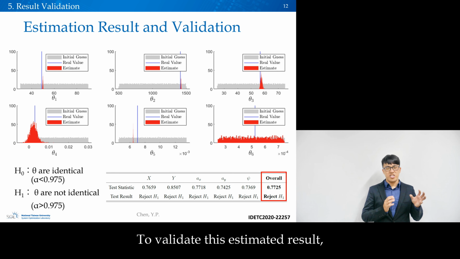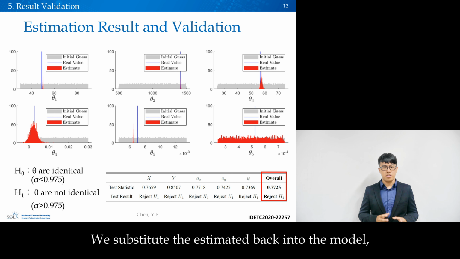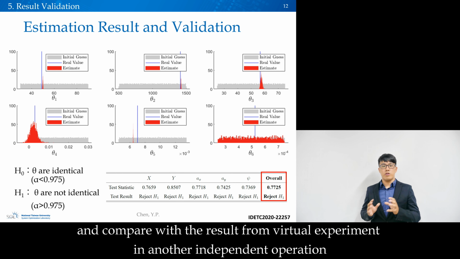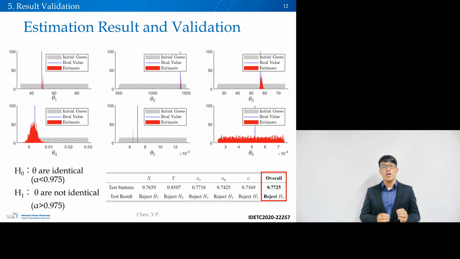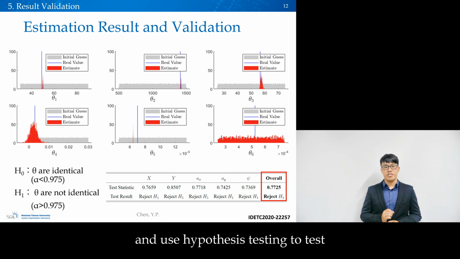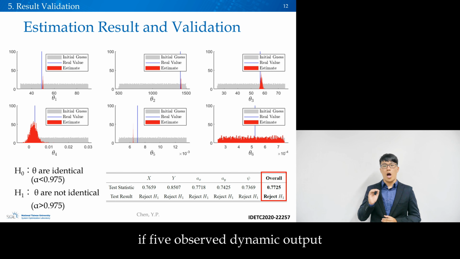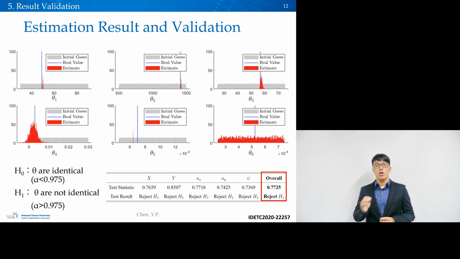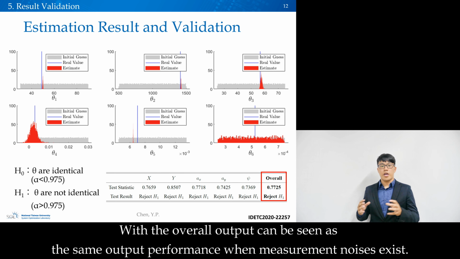To validate these estimate results, we substitute the estimates back into the model and compare with the result from the virtual experiment in another independent operation, and use hypothesis testing to test if the 5 observed dynamic outputs, with the overall output, can be seen as the same output performance where measurement noise exists.